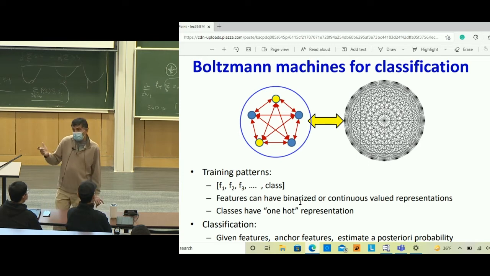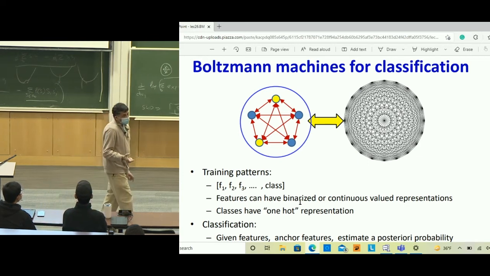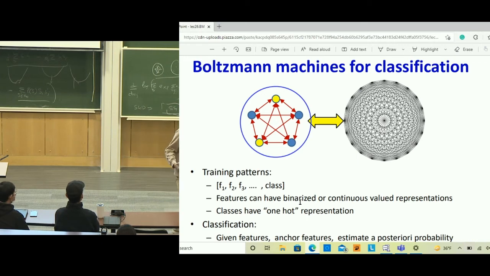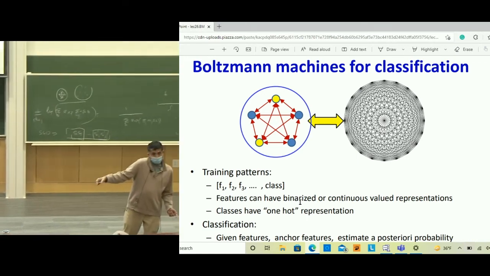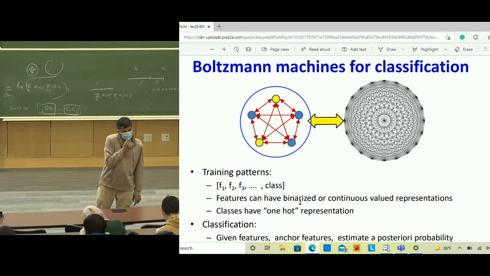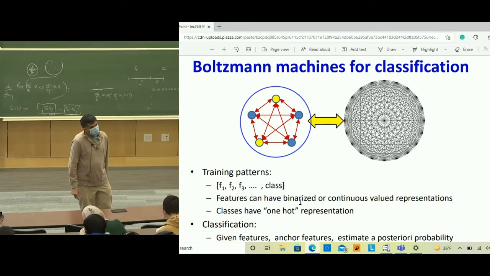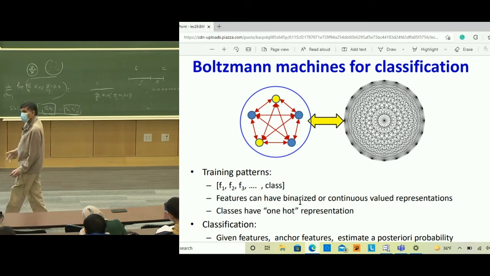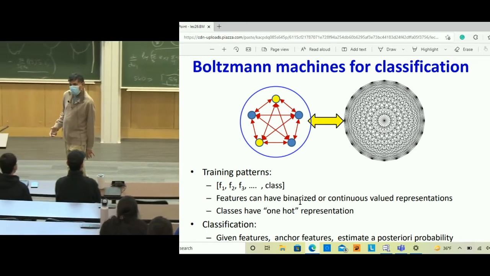So the Boltzmann machine can actually be used for classification. All you have to do is to add some bits which encode the class to your features. Use that to train your Boltzmann machine. And later, when you get only the features, and even if the features are noisy, right?